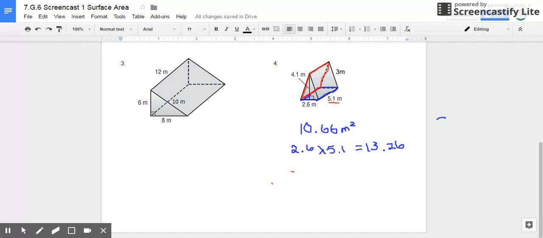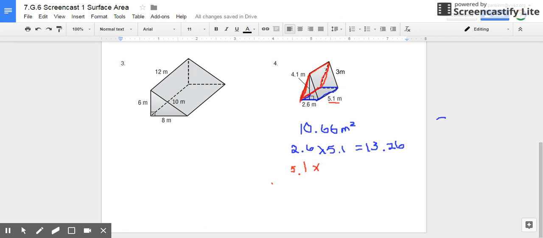So then we have 5.1 for one side, which can be my length. And then I need to figure out my width of this rectangle. It's not marked in this picture, because if we're looking at this side right here that I'm re-highlighting, neither one of these are labeled.